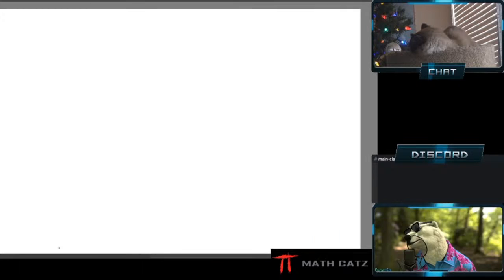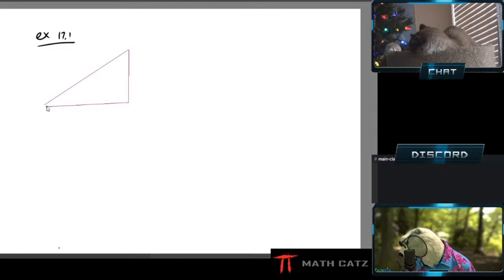So let me just copy this triangle over as we're doing exercise 17.1. That right angle triangle.